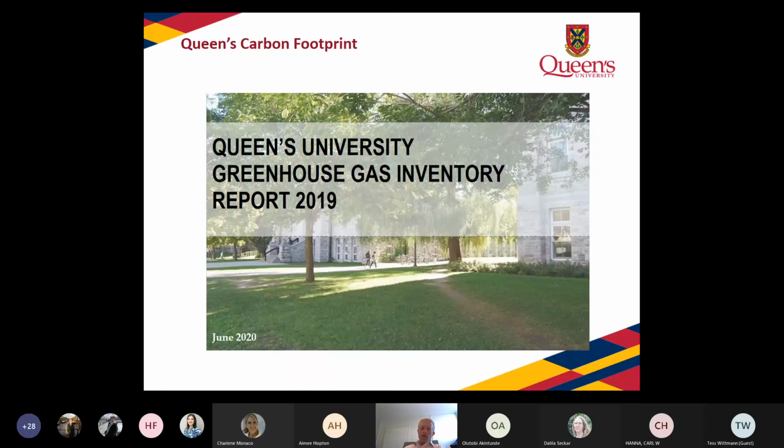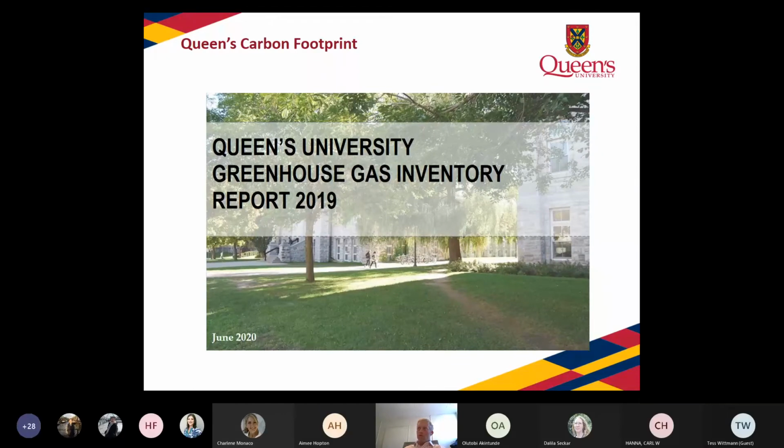Each year, I talked a little bit about the different scopes of emissions that we calculate, and each year, our office pulls together a carbon footprint for the university, and we calculate both the Scope 1 and Scope 2 emissions. We haven't been able to quantify our Scope 3 emissions.